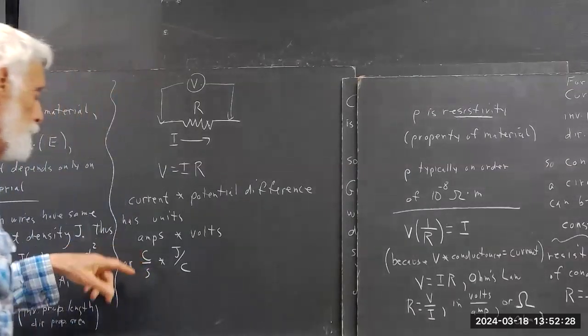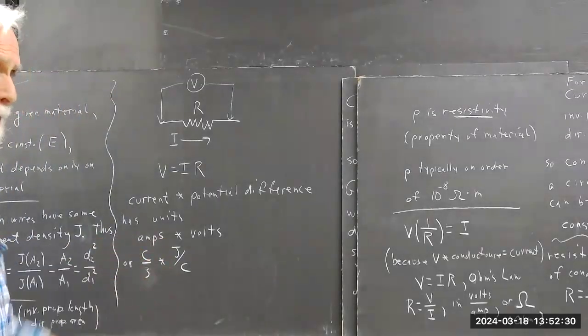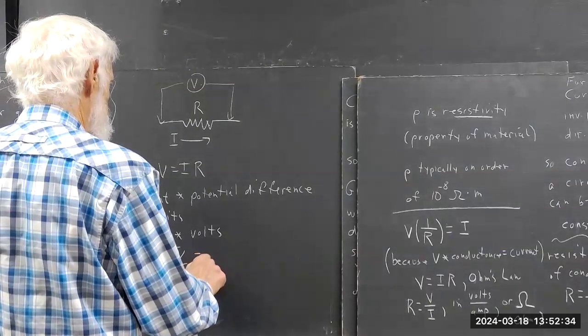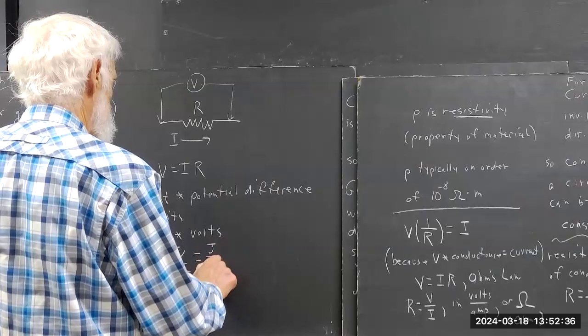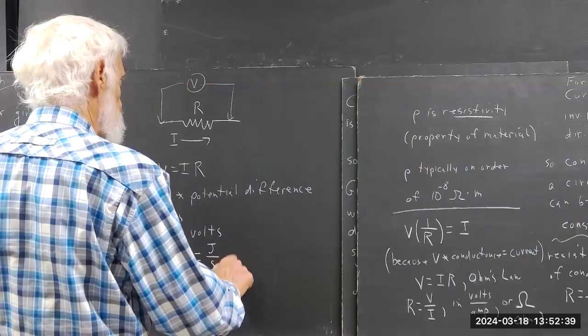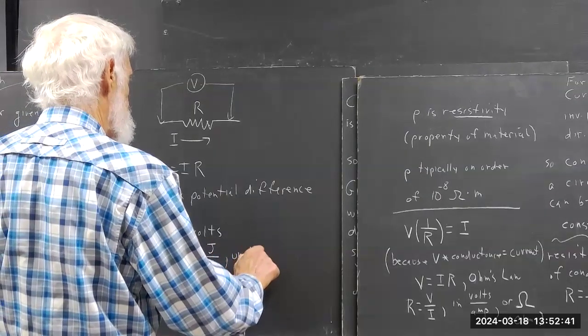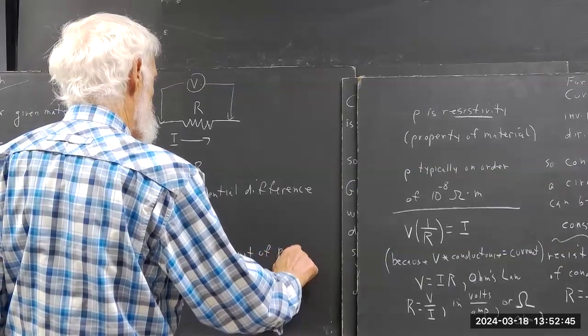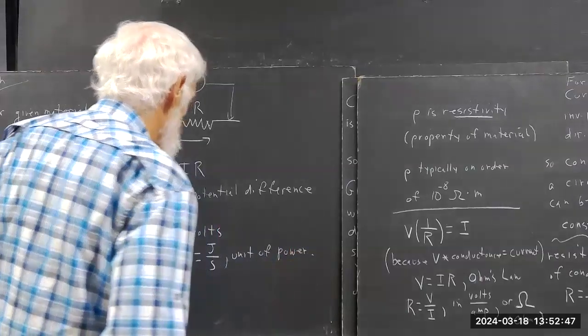So if we multiply coulombs per second by joules per coulomb, what do we get? We get joules per second, which is our unit of power.